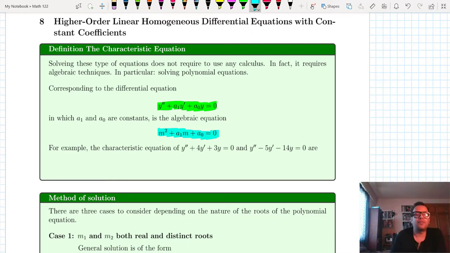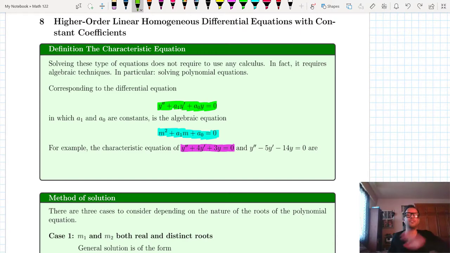For example, look at this differential equation. This is a second order differential equation: the second derivative of y plus 4 times the first derivative plus 3 times the function equals 0. And we call it homogeneous when the right hand side is a 0.